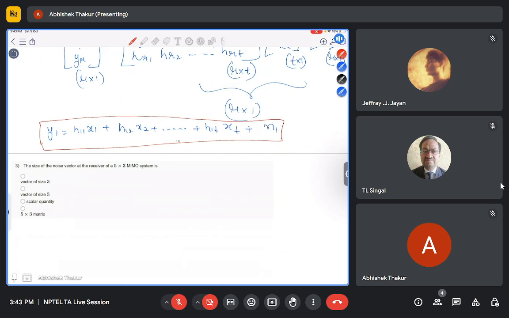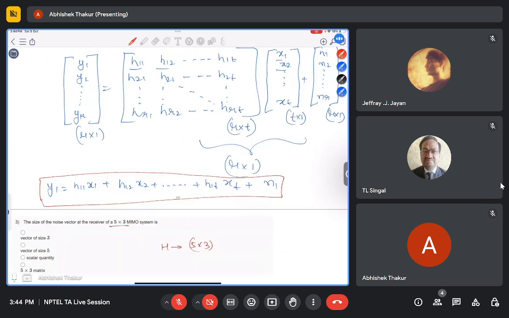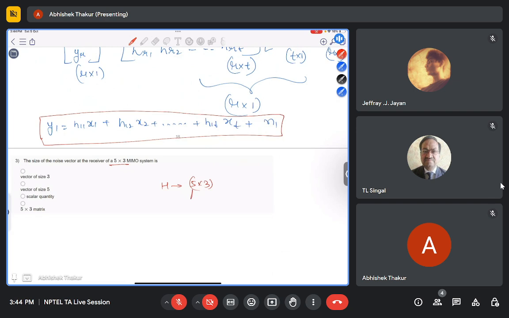Now the question is: the size of the noise vector at the receiver of a 5 cross 3 MIMO system is? For a 5 cross 3 MIMO system, the dimension of H is 5 cross 3.